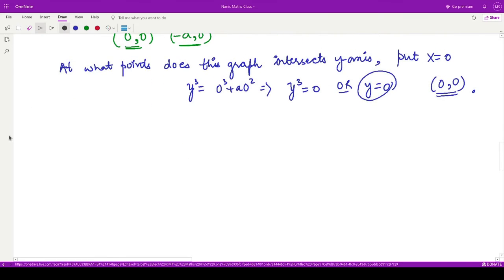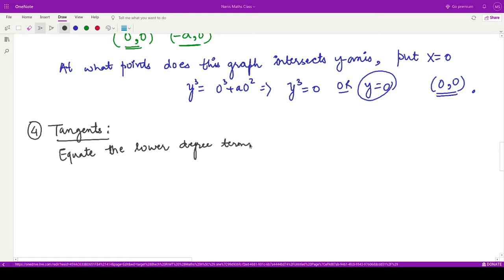Next, we examine the tangents for this particular curve. For calculating the equation of the tangent, what we do is we just equate the lowest degree terms in the given equation to 0.